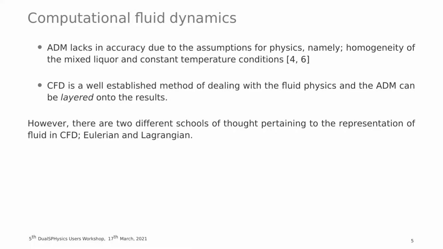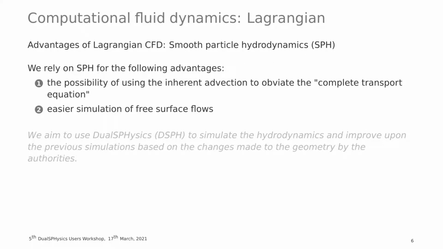So for CFD, we have Eulerian and Lagrangian, but we chose Lagrangian or SPH here because SPH has the possibility of using the inherent advection where the particles move to obviate the use of the complete transport equation.